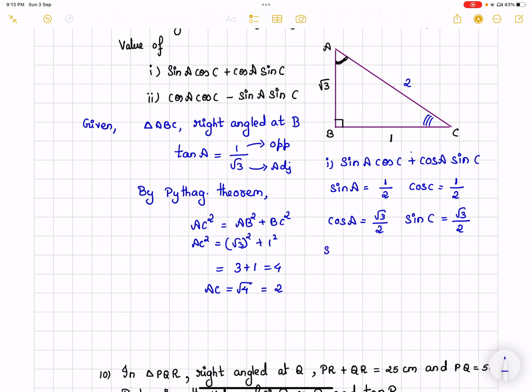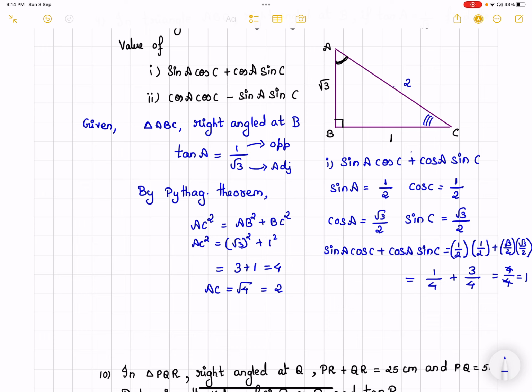So sin A cos C plus cos A sin C is equal to 1 by 2 into 1 by 2 plus root 3 by 2 into root 3 by 2, which is equal to 1 by 4 plus root 3 into root 3 is 3 by 4, which is equal to 4 by 4, equal to 1.